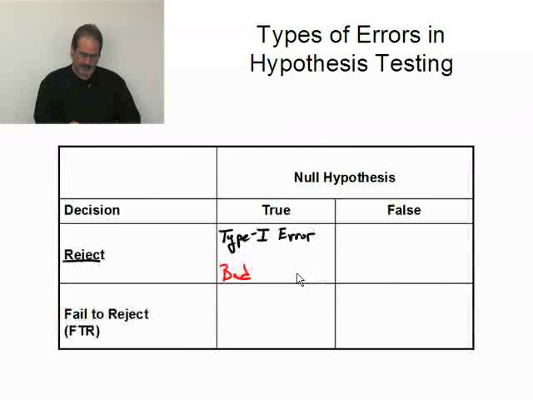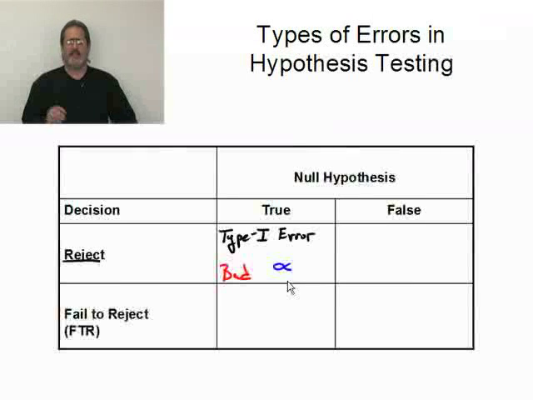And the probability of a type 1 error we set as alpha. We establish alpha to begin with, and when we do, you're saying this is the maximum probability of type 1 error that I think is a reasonable risk to take. Reasonable risk meaning if I reject the null hypothesis, what's the maximum probability that I'm going to commit a type 1 error? What's the maximum probability I'm going to make that mistake?